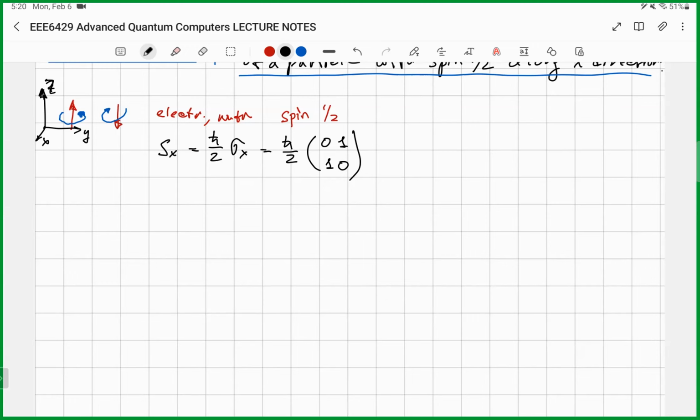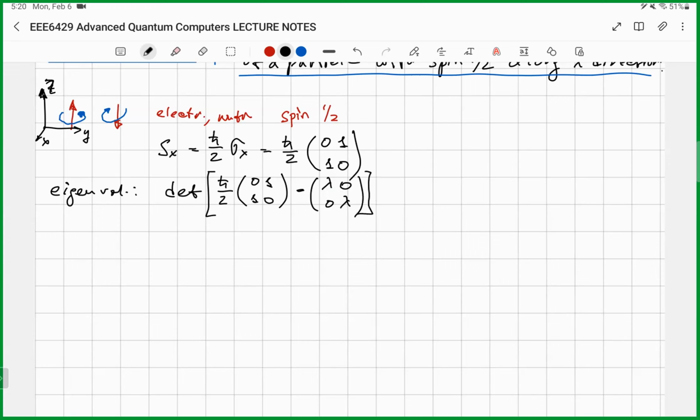To find the eigenvalues, I need to write the determinant of this matrix h bar over 2, 0, 1, 1, 0, and subtract the matrix alpha, 0, 0, alpha.